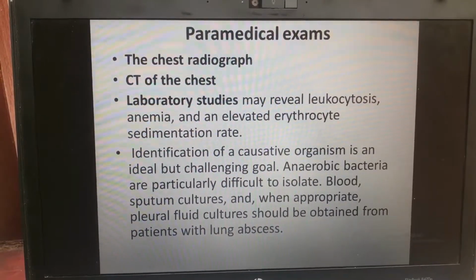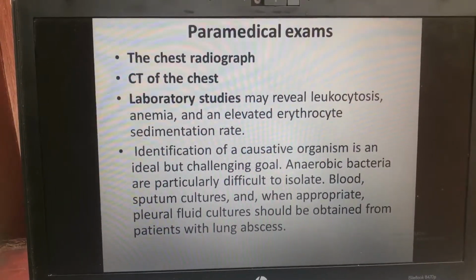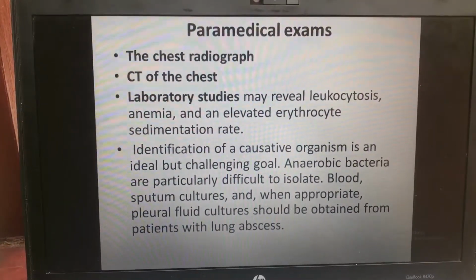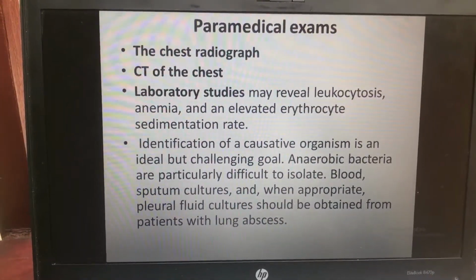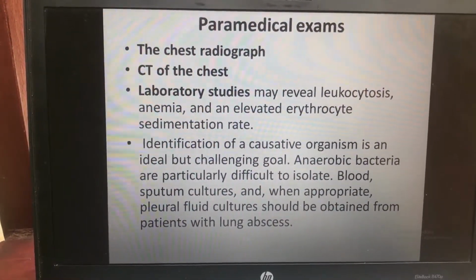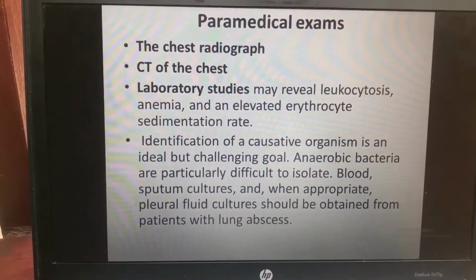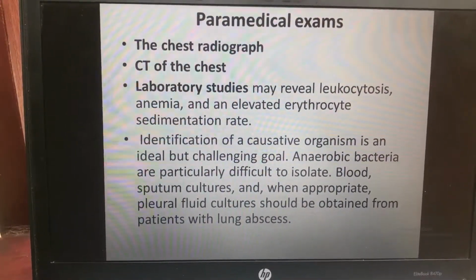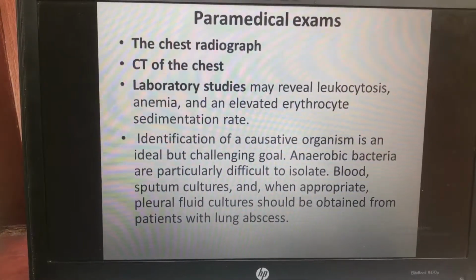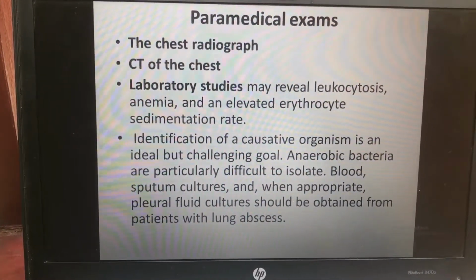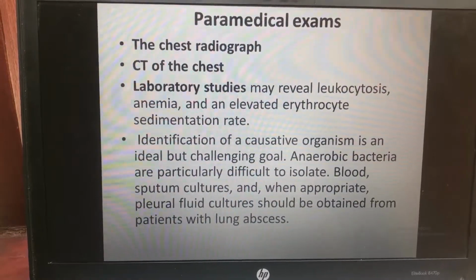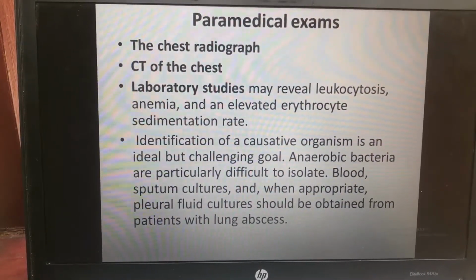Paraclinical exam. Chest radiography should be done, as well as CT of the chest. Laboratory studies may reveal leukocytosis, anemia, and an elevated erythrocyte sedimentation rate. Identification of causative organisms is an ideal but challenging goal. Anaerobic bacteria are particularly difficult to isolate.